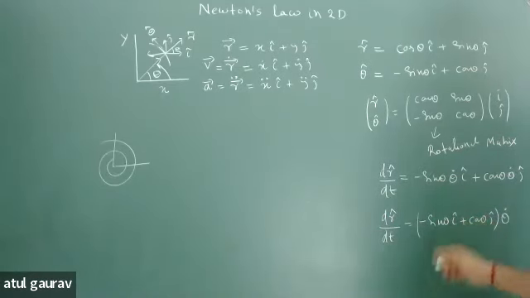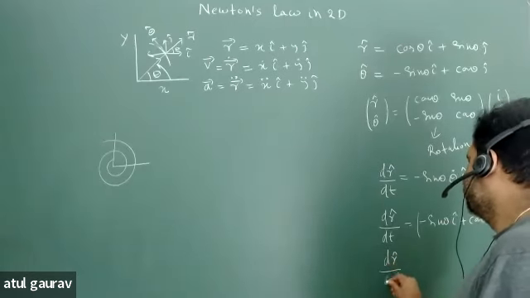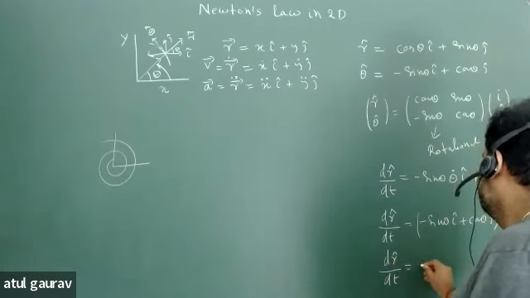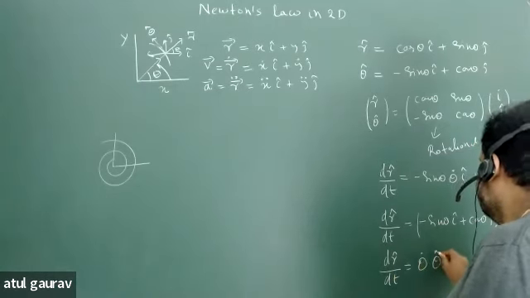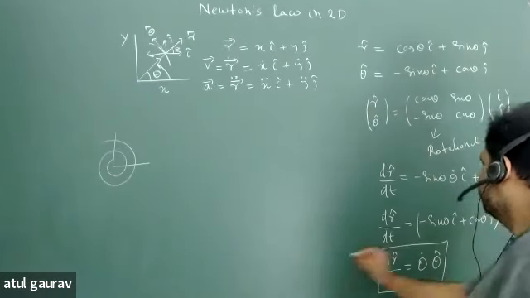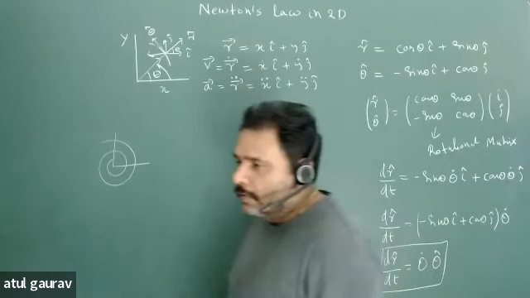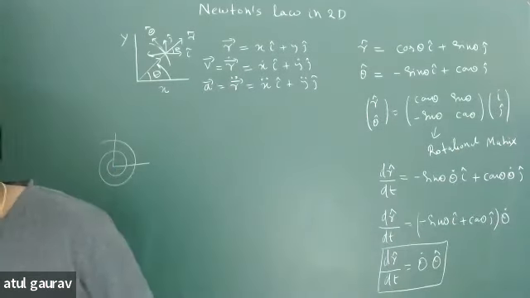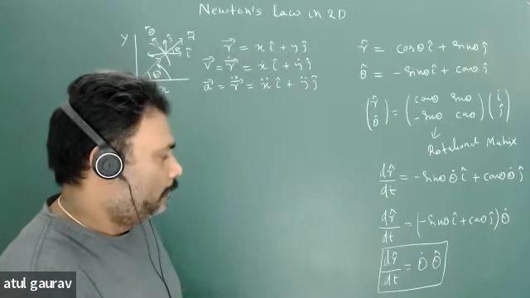Theta cap. So the rate of change of r cap with respect to time, in which direction? That is in theta cap direction, isn't it? r cap का जो rate of change है वो basically किस direction में मिल रहा है आपको? That will be in theta cap, and that theta dot is angular velocity.